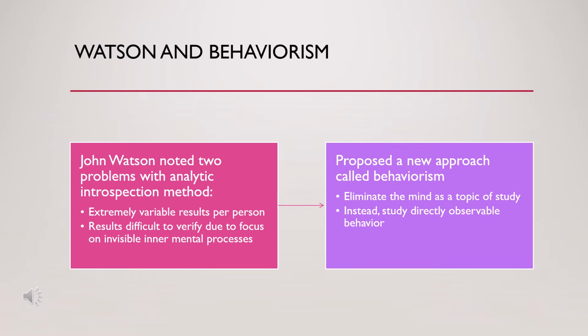You might remember from intro: UCS, UCR, CS, and CR. The unconditioned stimulus in the Little Albert case would be the loud noise. The unconditioned response would be his fear or crying. The conditioned stimulus is all of these different objects that he's now scared of that we paired with the loud noise: the rat, the blanket, the dog, the monkey.